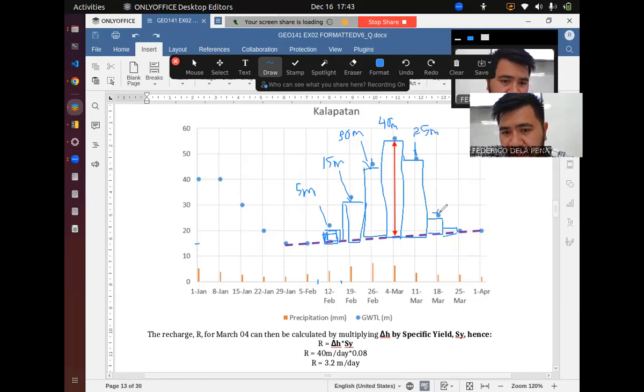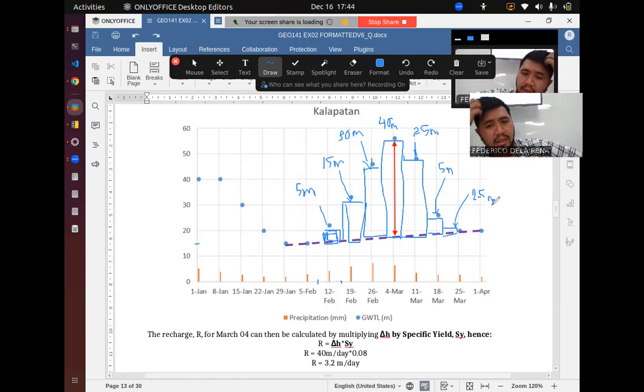And then sa week centered sa March 18, you have like 5 meters siguro. And then finally, sa week centered sa March 25, you had like, let's say 2.5 meters. Okay? So all you have to do now is just each bar here, multiply it by your SY.